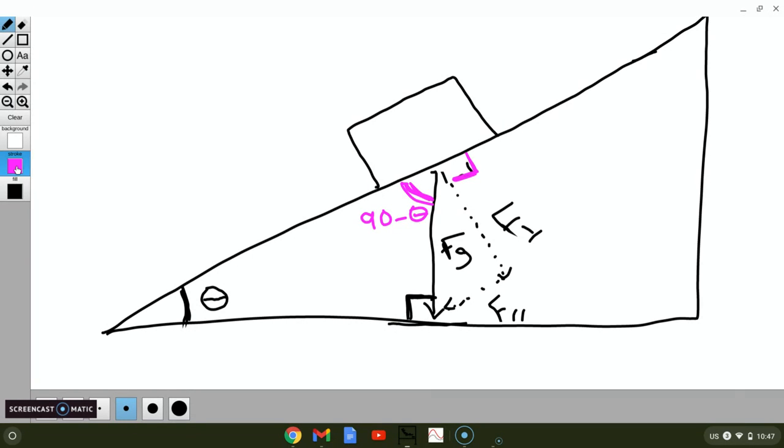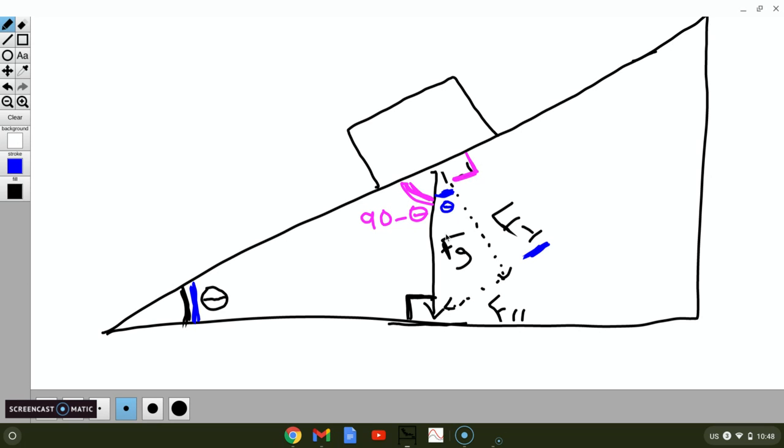This angle in here has to be, that little blue angle there is theta. So our angle of the incline right here is equal to our angle between the force of gravity and the perpendicular component of gravity. Okay?